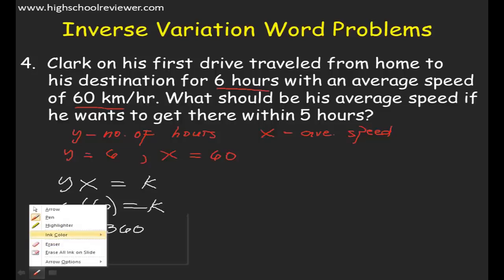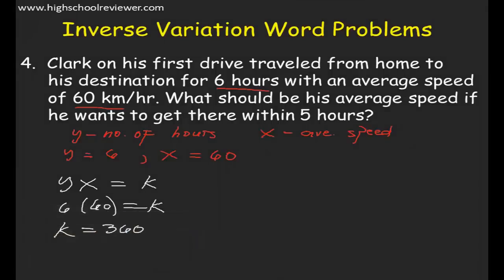And now we will find the second values of y and x. Okay, let's continue to read. What should be his average speed? So the average speed is the unknown, that is x. And the value for y will be 5 hours. So y is equal to 5.